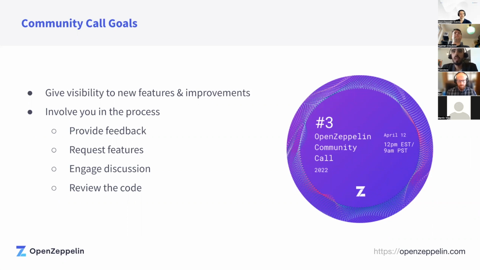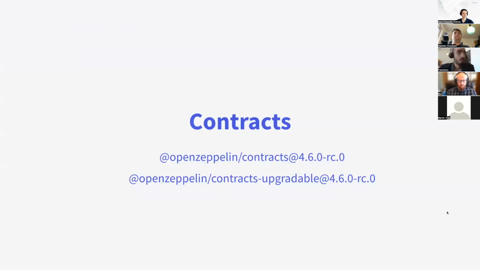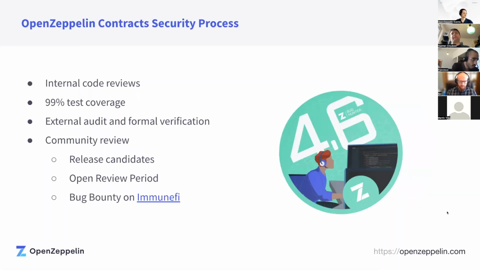On to the next slide, and we're just going to start with contracts. Part of the reason we are doing these calls is security. So we do our internal code reviews. We aim for high test coverage. And we're also currently engaged with Certora doing audit and formal verification of the contracts.